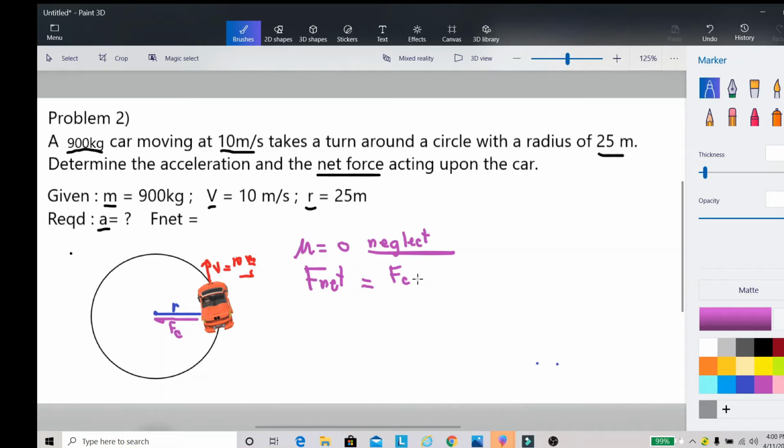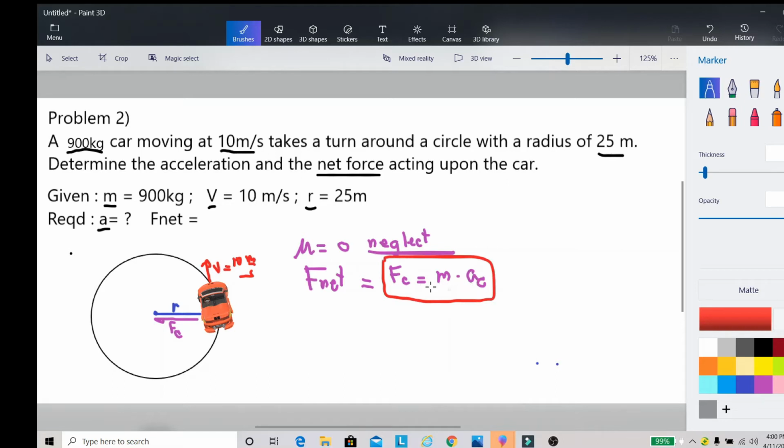So yan yung ating isosolve, ano? Wherein F sub C is equal to the mass multiplied by the acceleration. Eh, sabi nga natin, kung centripetal force to, centripetal acceleration din dapat to. Okay, so this is the working equation that we are looking.